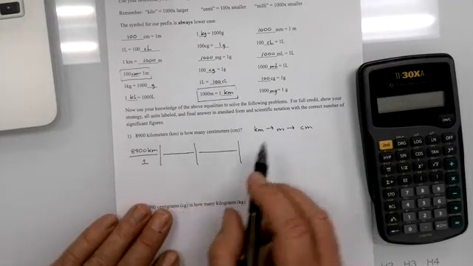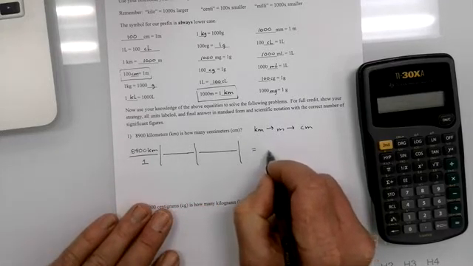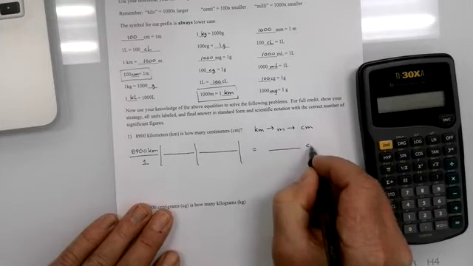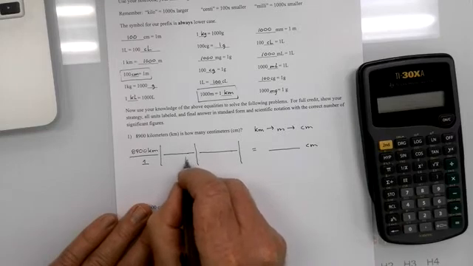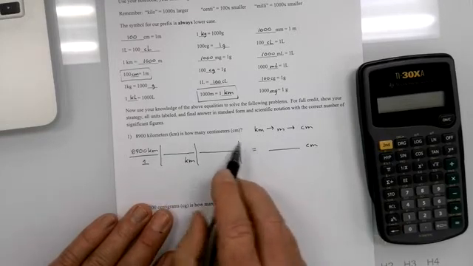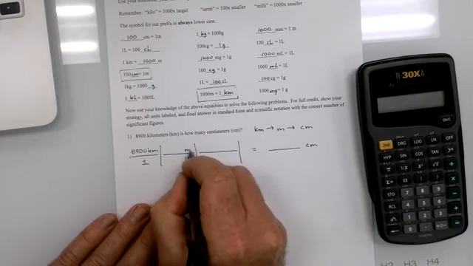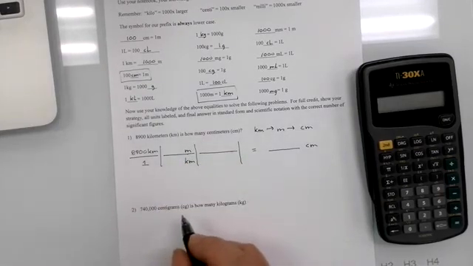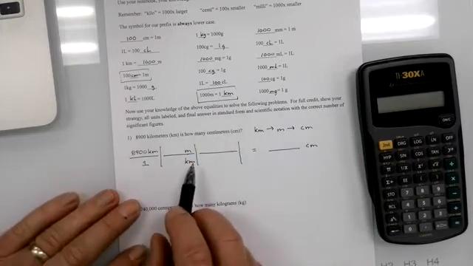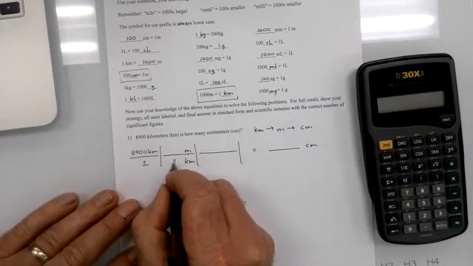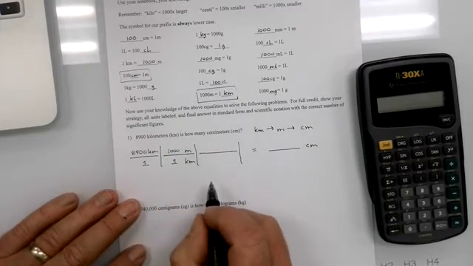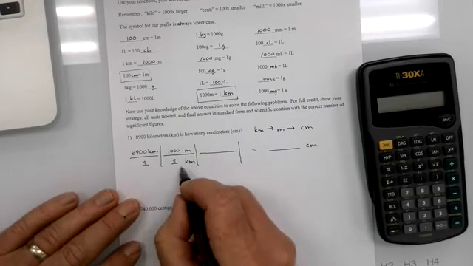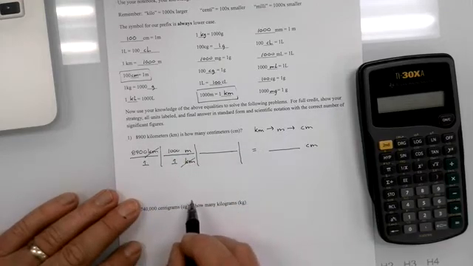So 2 conversion bars, and our final answer is going to be in units of centimeters. Well, okay, fine. I want to cancel kilometers and go to meters. Our numerical values, well, 1 kilometer is 1,000 meters. So kilometers can cancel out.